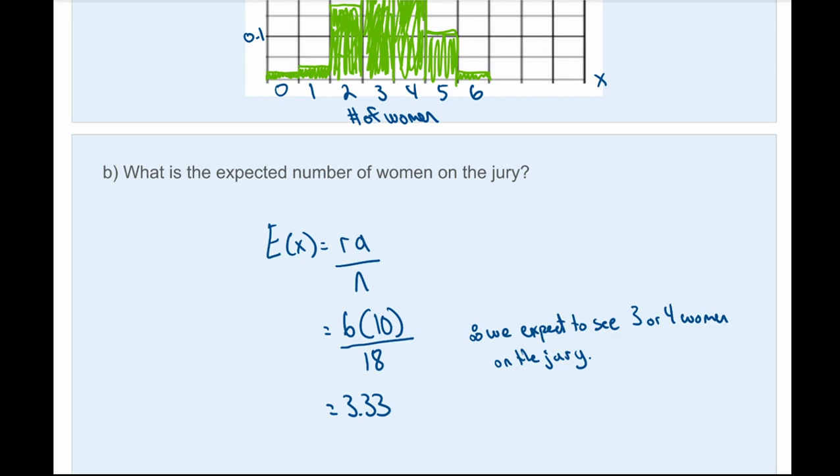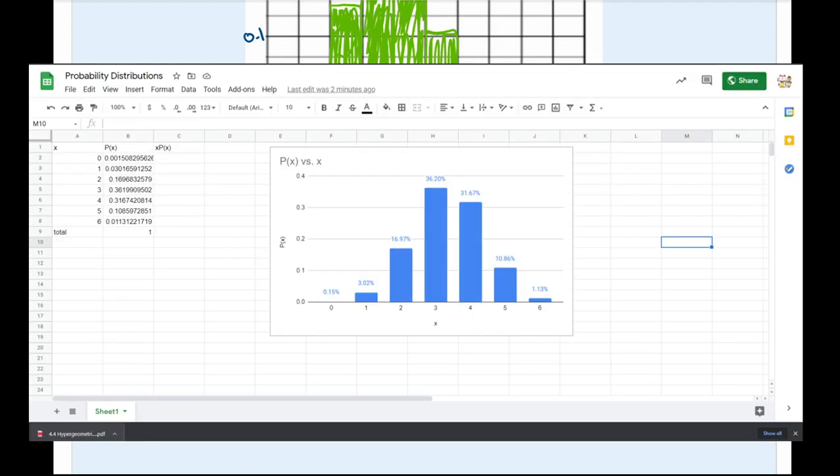Even if you just entered 3.33, that's fine as well. Just understanding that obviously we don't have 0.33 of an individual. If I wanted to go through and do this again in Google Sheets, I can. Again, probably a little bit quicker.